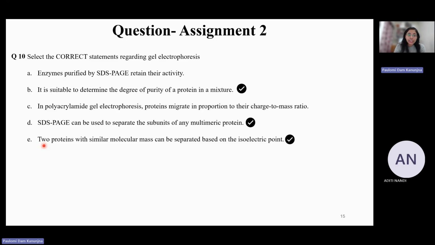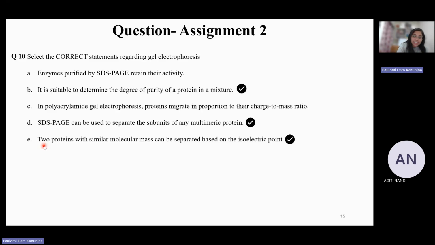Okay. Next one says in PAGE, or polyacrylamide gel electrophoresis with SDS, the proteins migrate in proportion to their charge to mass ratio, right? But here, remember, their charge to mass ratio will be equal, because they're all negatively charged.